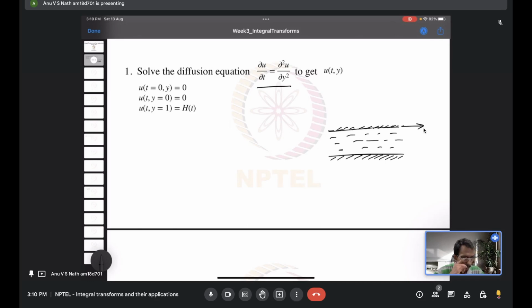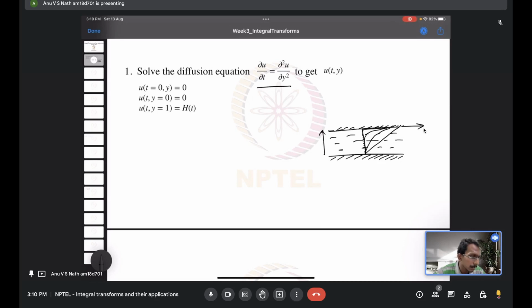So the momentum will be diffused from the top plate to the adjacent fluid, and viscosity will diffuse it. So we will get the velocity profile. Initially it will be like this. Then gradually with time the velocity profile will look like this, and finally it will become something like this, the linear velocity profile.